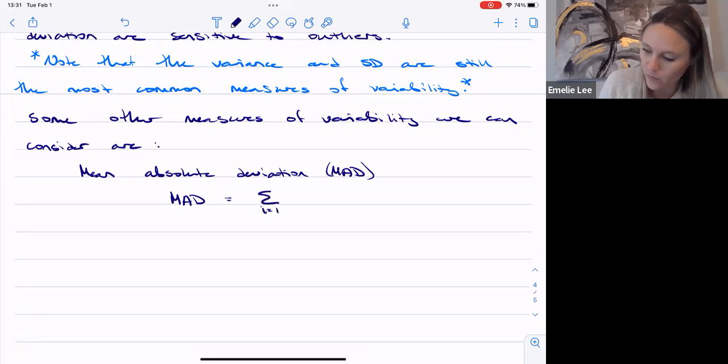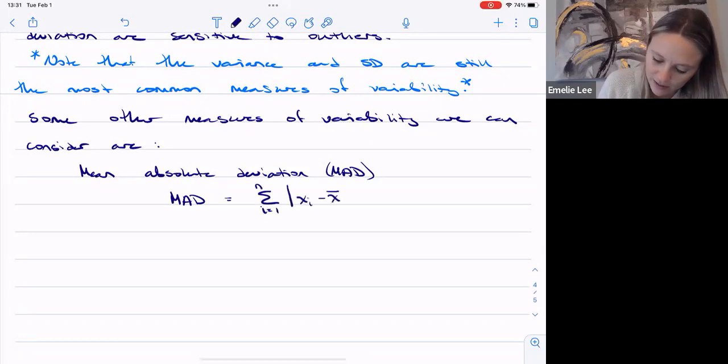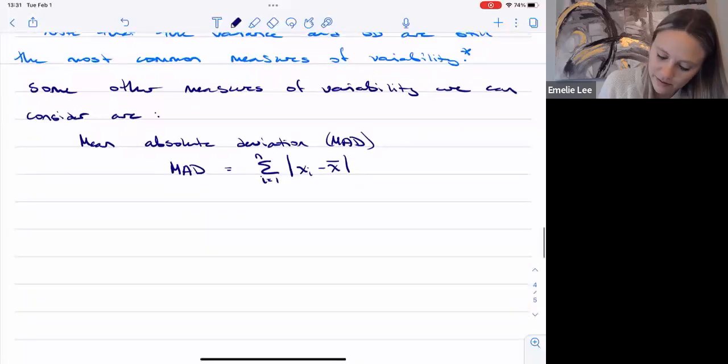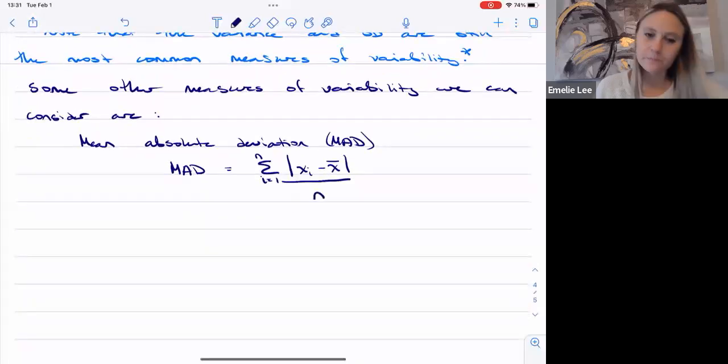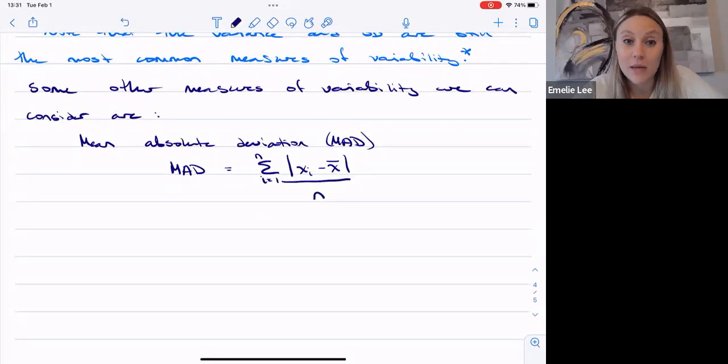It's the sum from i equals 1 to n of the absolute value of xi minus x bar, divided by n. The absolute value, again, makes it easier because now we're not canceling out these positives and negatives, right? And so we can add these up and still have a sum of the deviations.